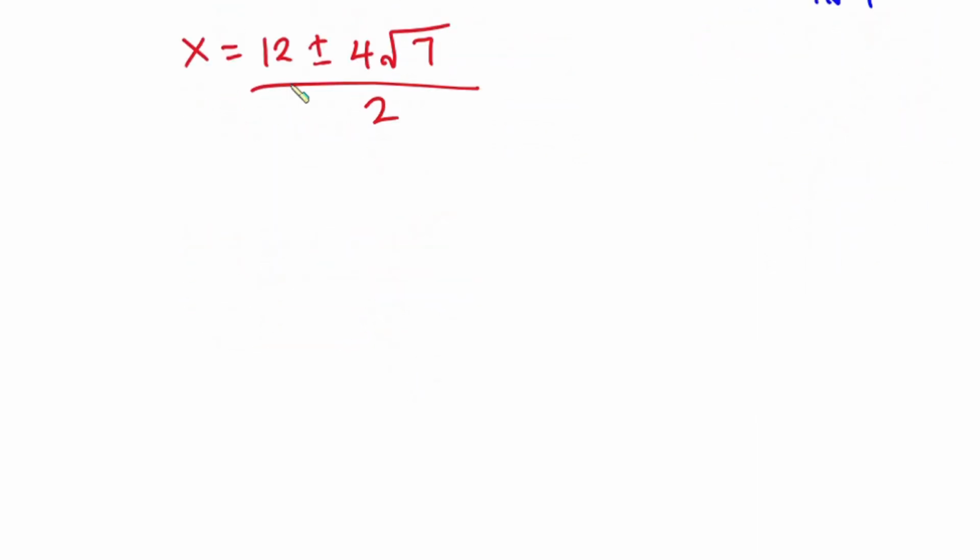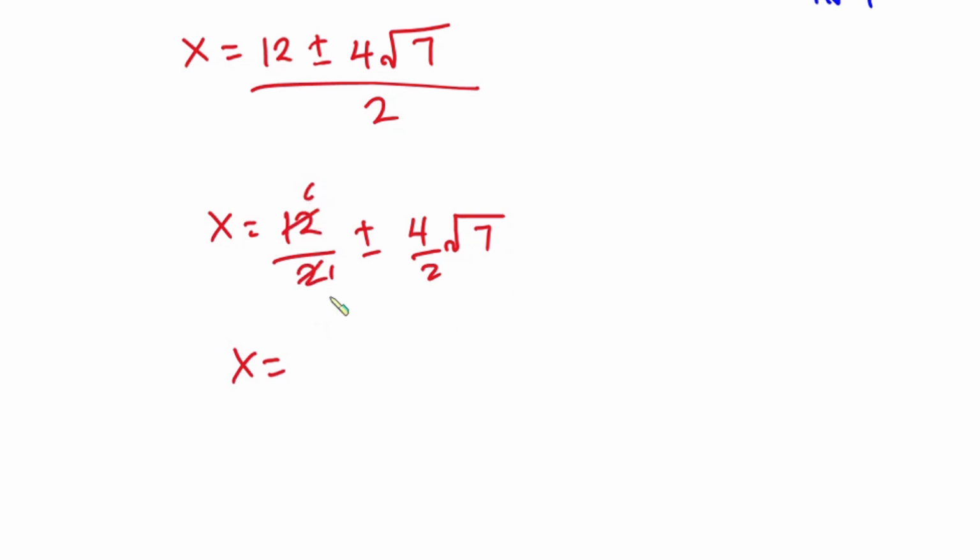Okay? Now, if you split this fraction, we have x is equal to 12 over 2 plus or minus 4 over 2 square root of 7. Now 2 goes into 2 one time and goes into 12 6 times. So we have 6 here, then plus or minus, 2 goes into 2 one time and goes into 4 2 times.